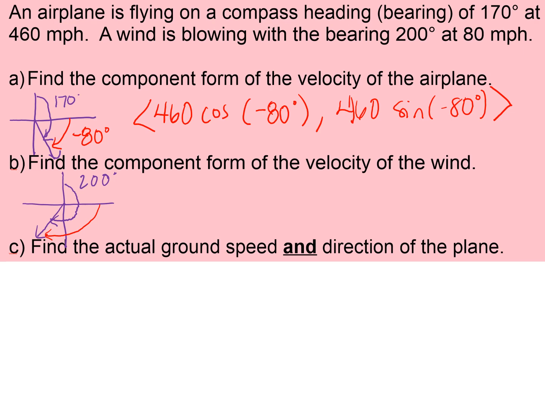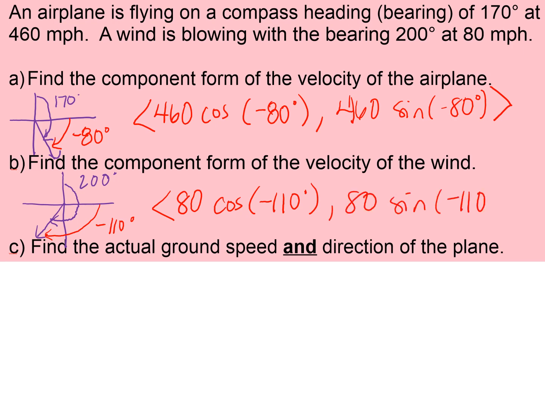We know a quadrant is 90, and we had said that extra little piece there was 20. So 90 plus 20 would give me 110. But since I am rotating clockwise, that would be a negative 110 degrees. So my component form for the wind would be the magnitude, which is the velocity, so 80 cosine of negative 110, comma, 80 sine of negative 110.